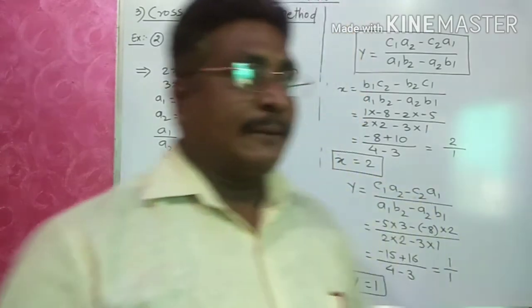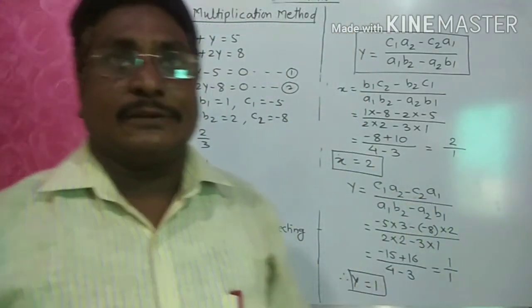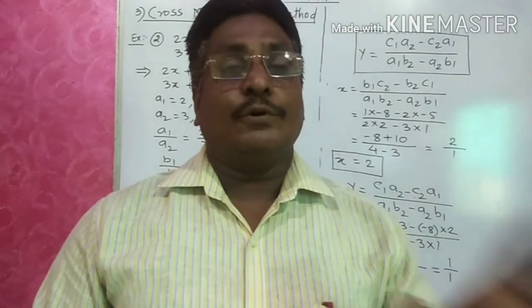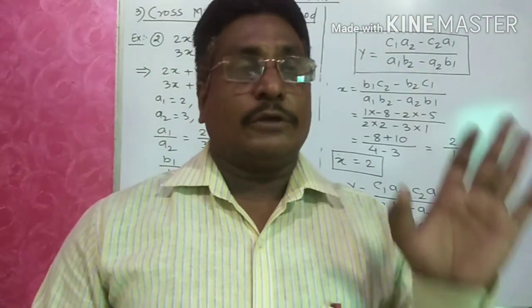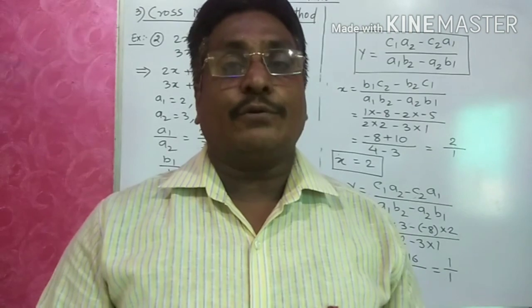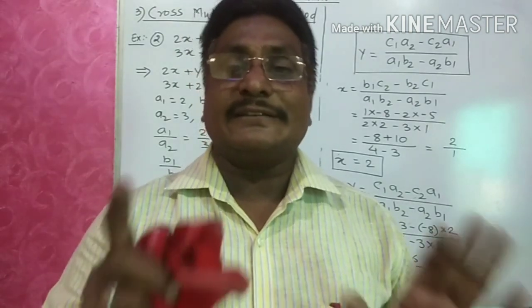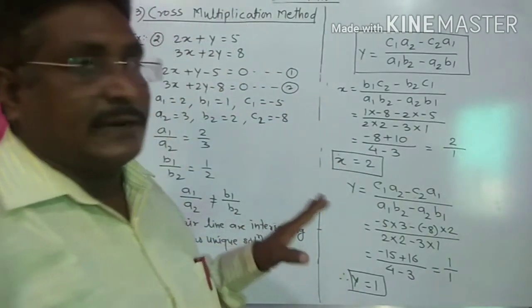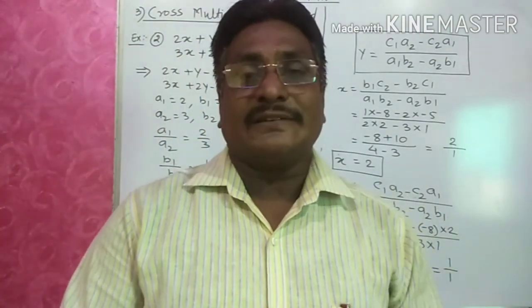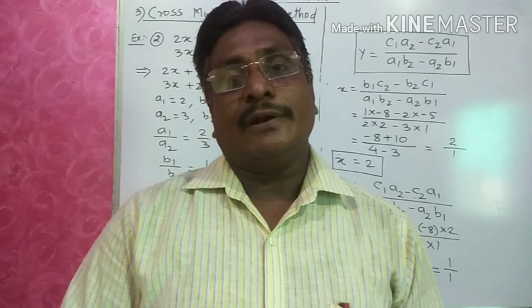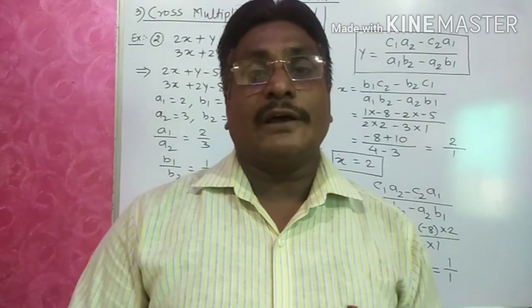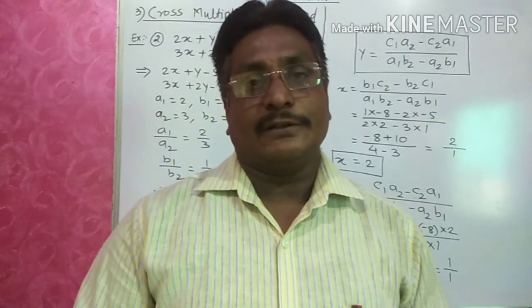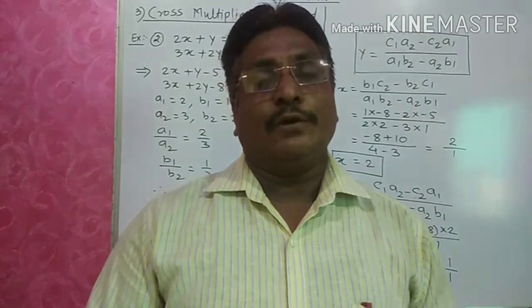For 1-2 examples you can practice the cross multiplication method, but no need to do more, because this is not going to come in the exam. For understanding, I explained this method. In the next video we will discuss how to solve word problems. Okay students, thank you and have a nice day.